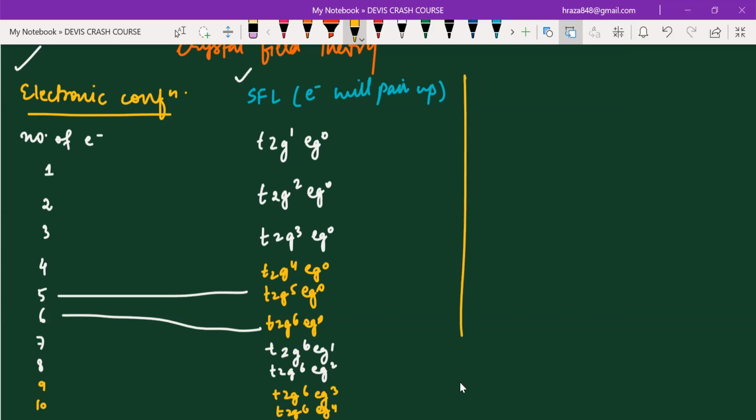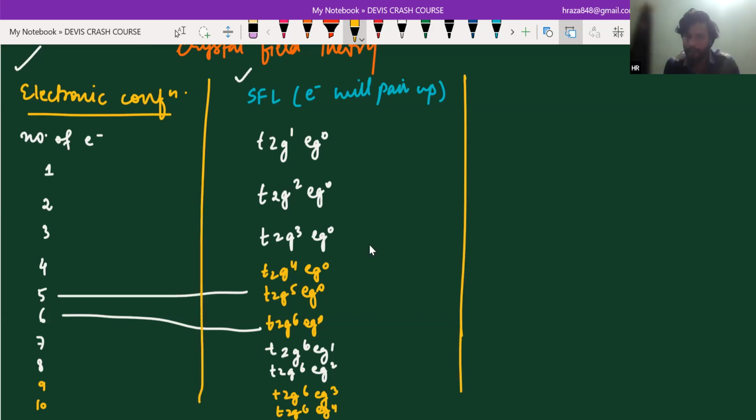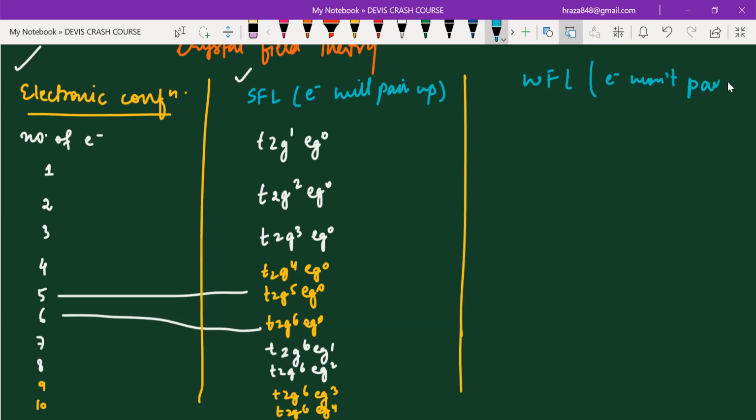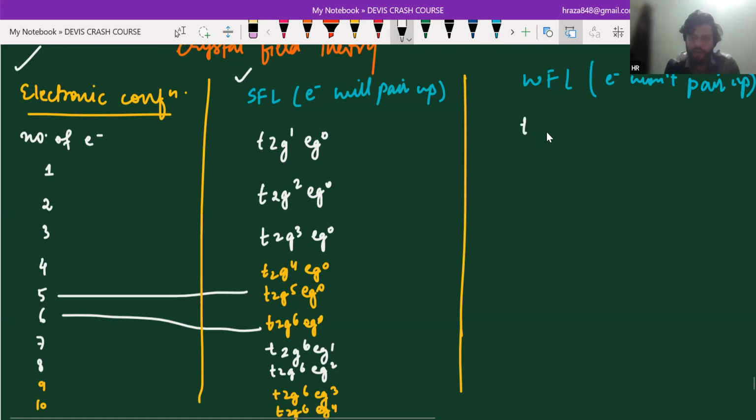There are questions that are asked directly about this, the electronic configuration in terms of T2G and EG. Now, if you are going to do it for WFL, weak field ligand, electrons won't pair up, right? So what you need to do is very easy. T2G1 is easy. First, it will go to the lower energy level, then T2G2, and then T2G3.